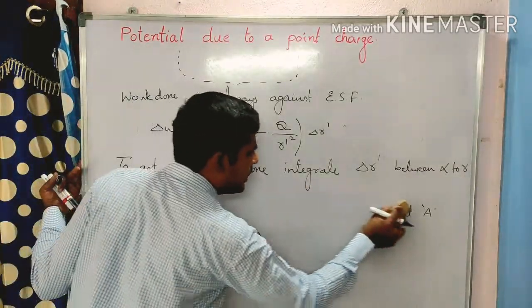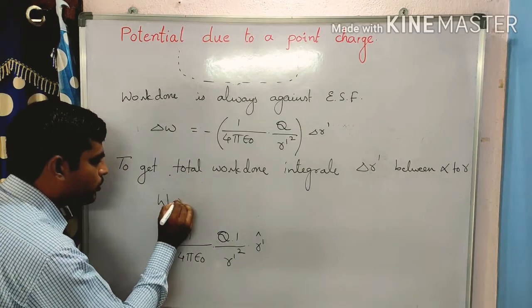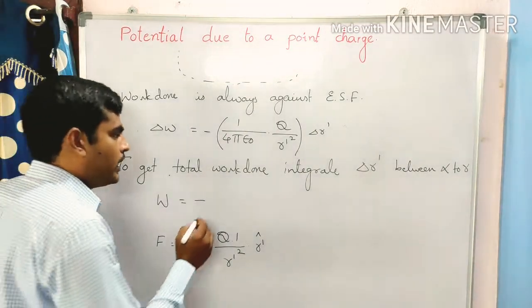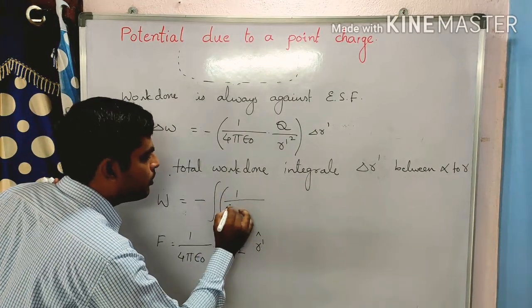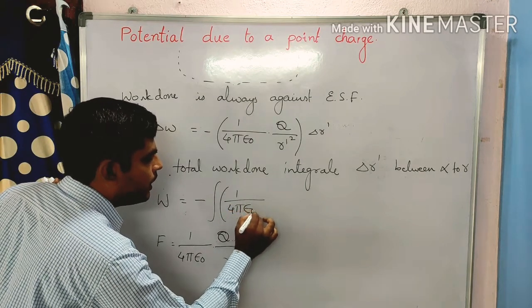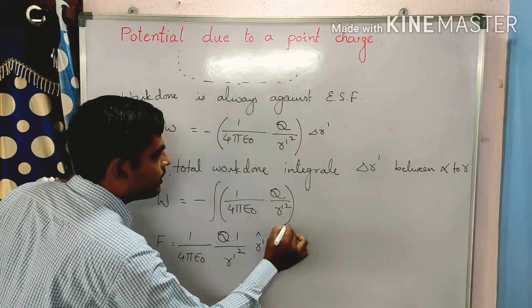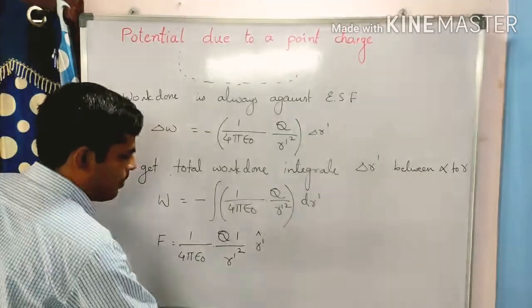The total work done W is equal to minus the integral of 1 by 4 pi epsilon naught Q by R dash square d R dash.